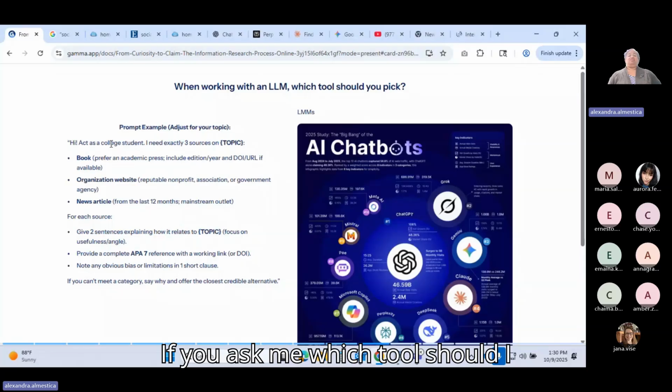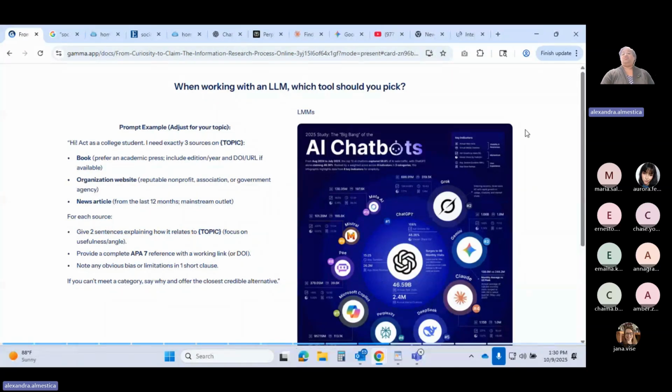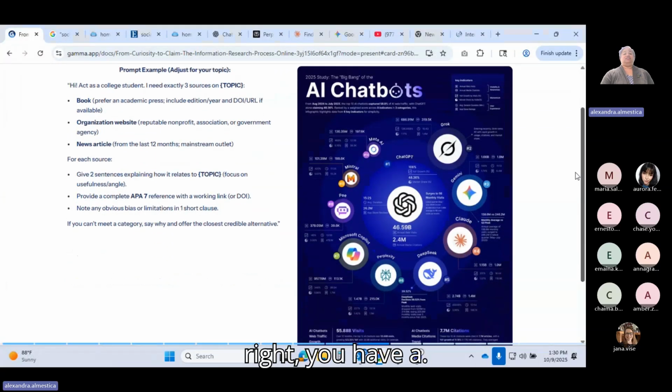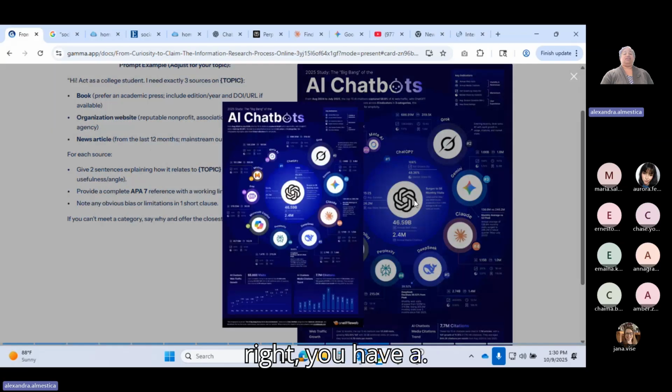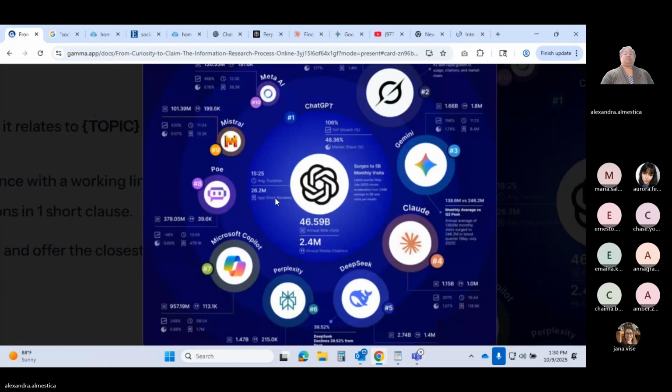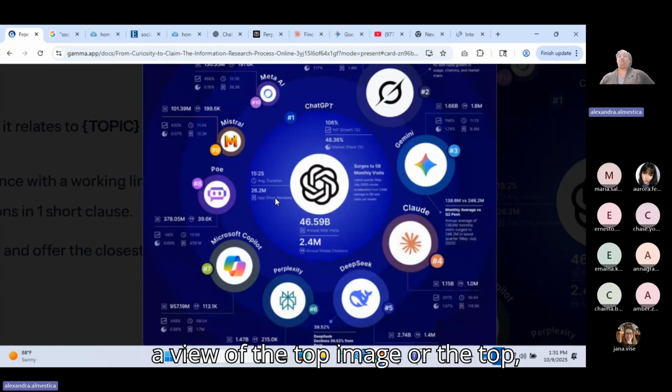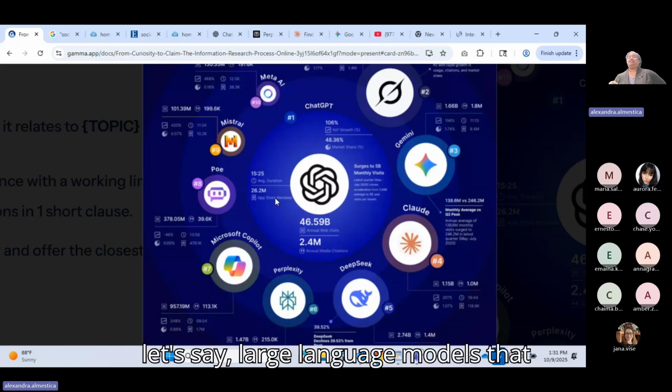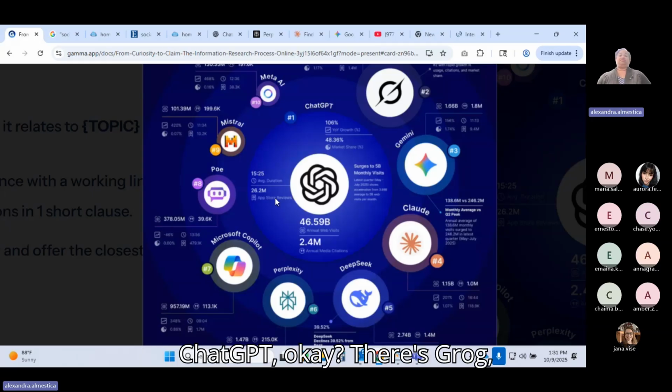If you ask me which tool you should use, I'm going to invite you to explore. On the image on the right, you have a view of the top large language models that people are using. The number one is ChatGPT.